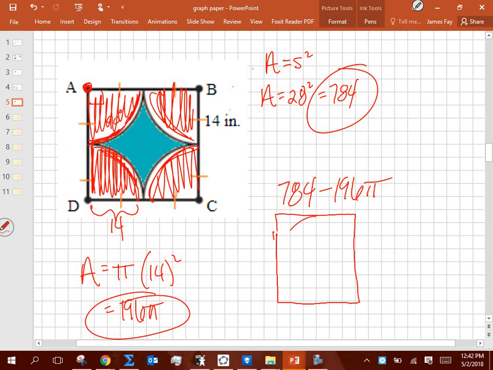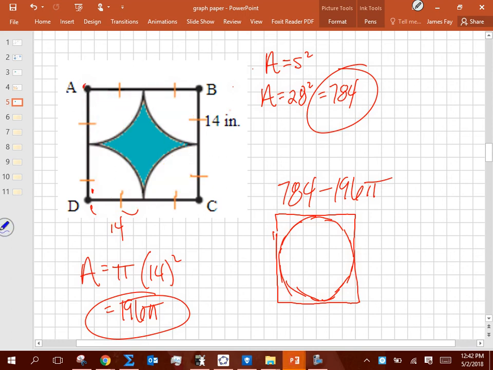The next question looks like this. So we got a circle on the inside. Okay. Would you guys make the argument that if I were to look at this picture here, and I draw down that line, and I draw across that line, that maybe that region right there is that region?